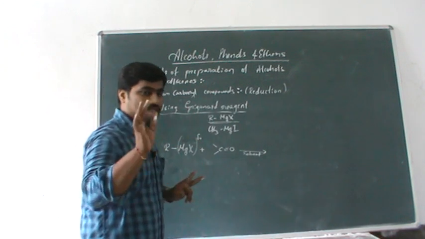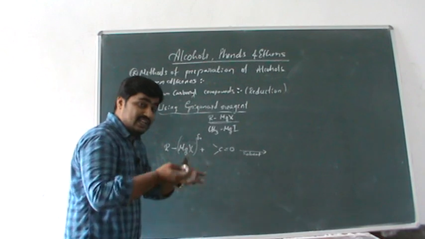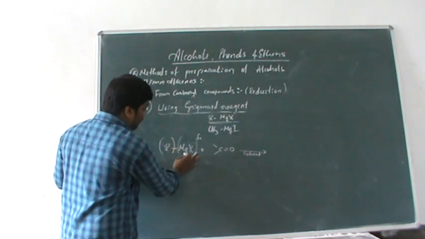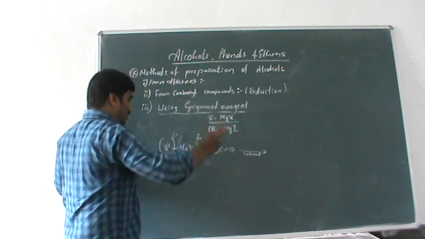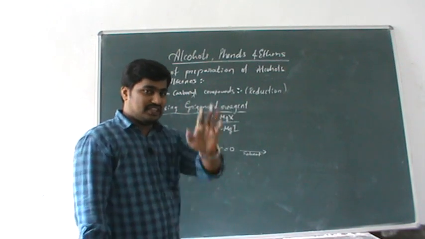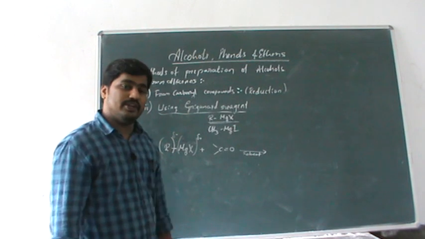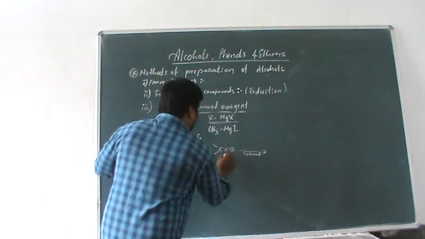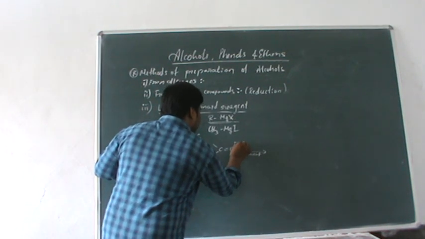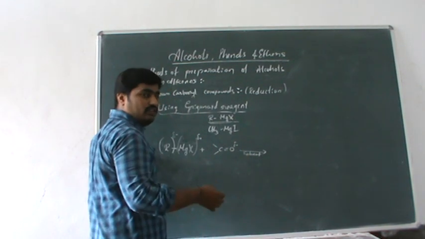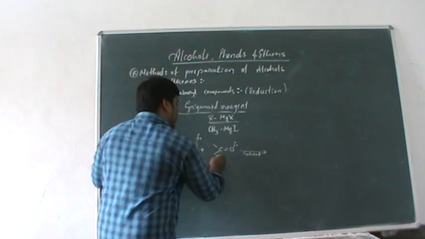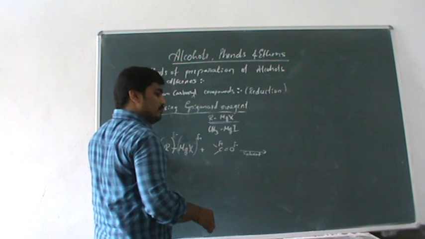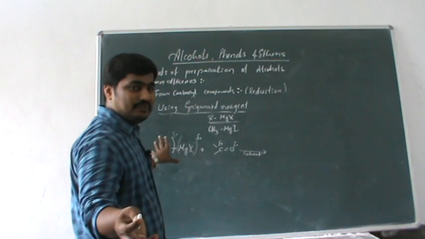Remember that partial positive means deficiency. When this becomes deficient, our alkyl group is partial negative. Alkyl group is partial negative, and the carbonyl oxygen is partial negative because it is electronegative, and the carbon becomes partial positive. Then the reaction becomes easy, I think. Correct?